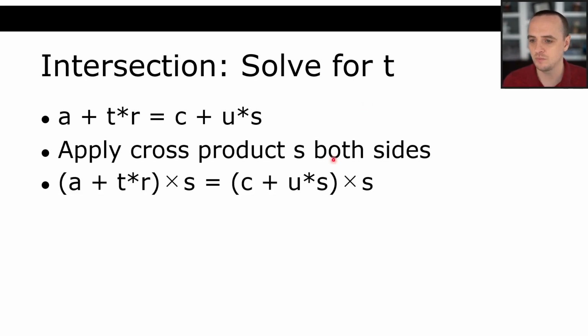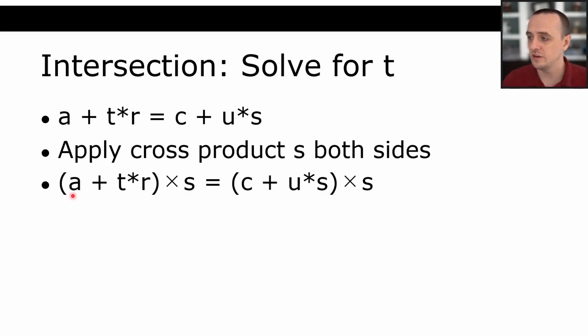If we take the left side, put it in parentheses, and then cross it with S, that is equivalent to the right-hand side, put it in parentheses, and cross it with S, right? When we're deriving stuff, we can apply the same operation to both sides, and it'll be the same.